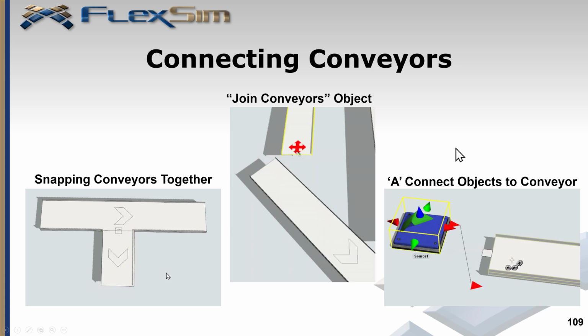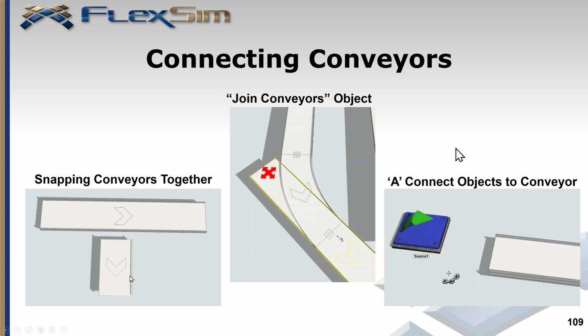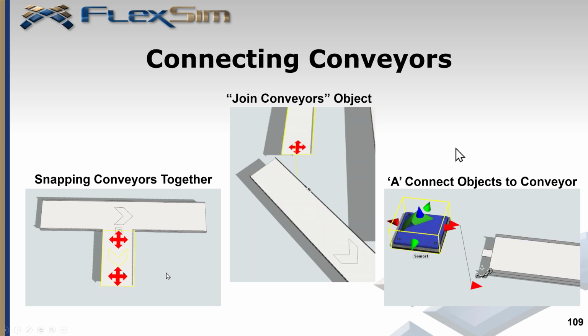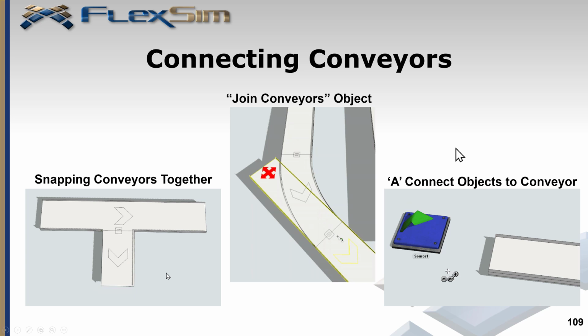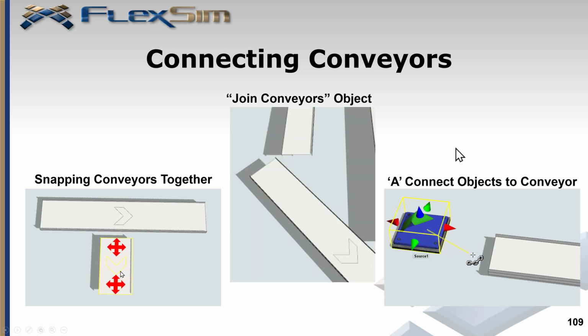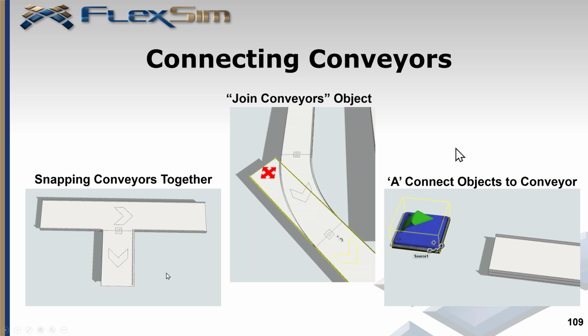An exit transfer is created when you connect a conveyor to another FlexSim object, and an entry transfer is created when you connect a FlexSim object to a conveyor, as shown in this animation with the source being connected to the conveyor.